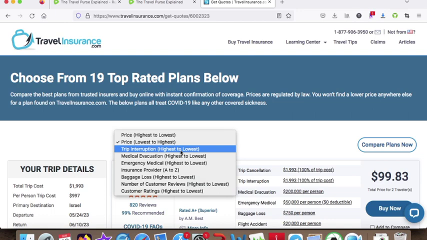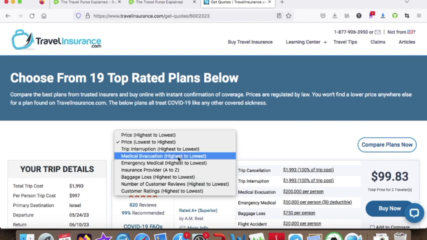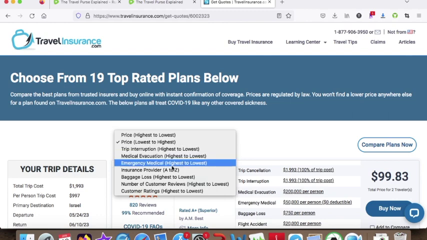And so it says trip interruption highest to lowest. Okay. So yeah, the highest price for insurance for trip interruption to the lowest. The medical evacuation highest to lowest. Emergency medical. Okay, so you want to have medical evacuation.